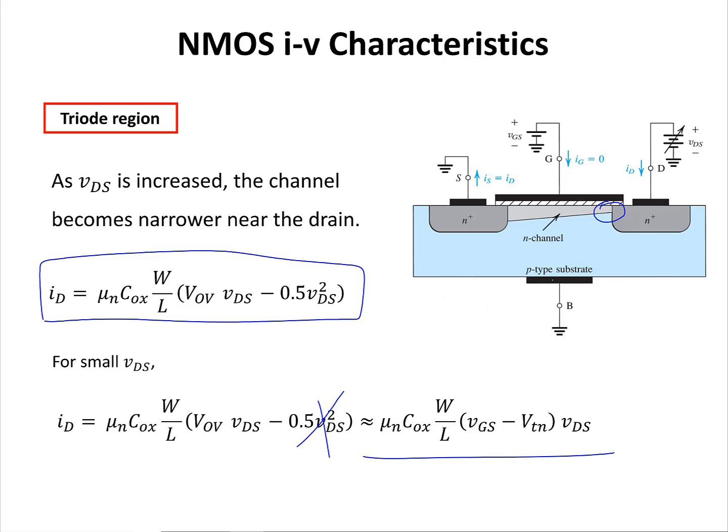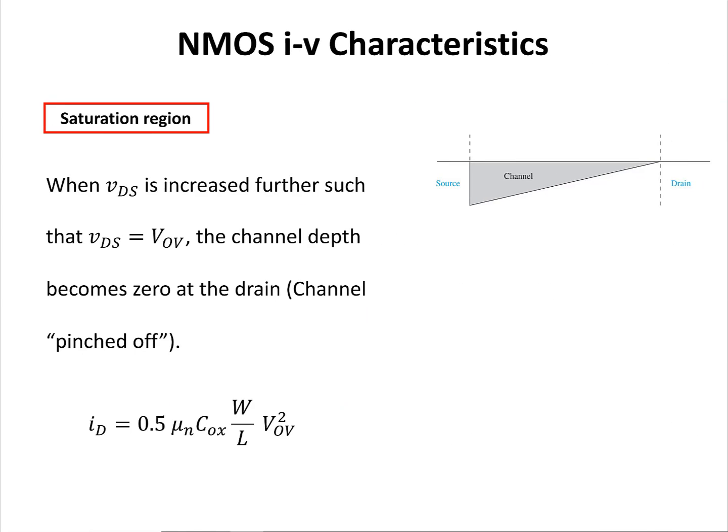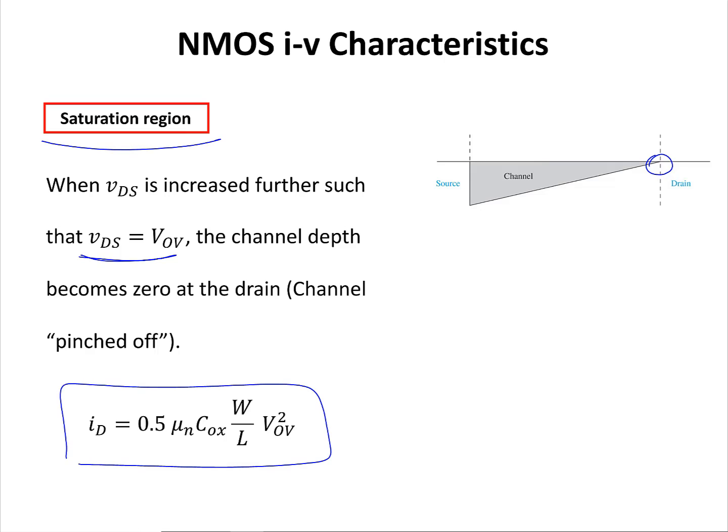Let's move on and see what happens if the value of V_DS is increased even more. When V_DS is increased further such that V_DS is equal to V overdrive, the channel depth becomes 0 at the drain. At this point, we're going to say that the channel is pinched off and the transistor enters the saturation region. The equation for the drain current in the saturation region is provided here.